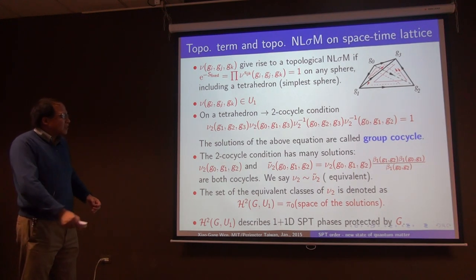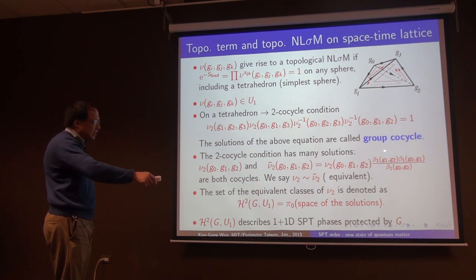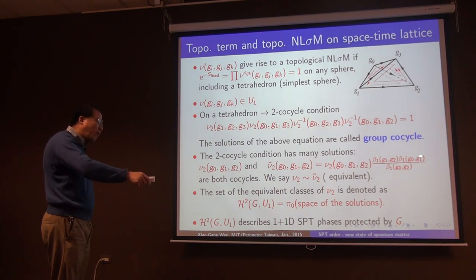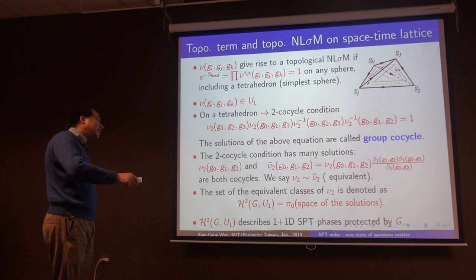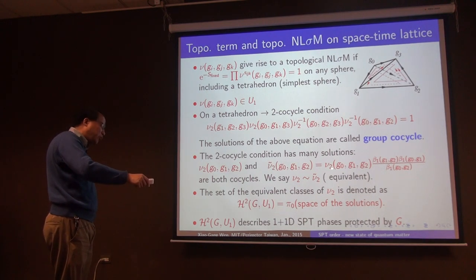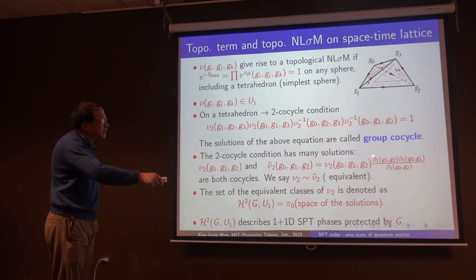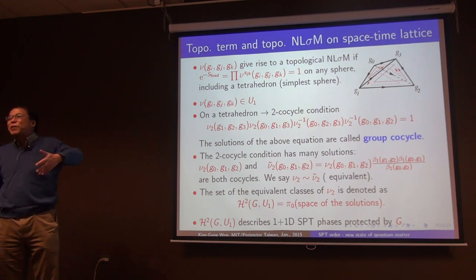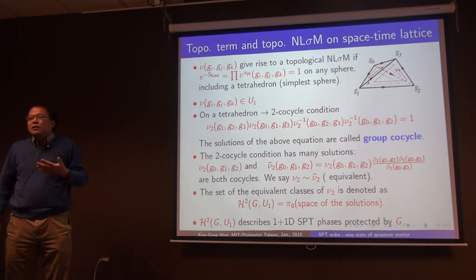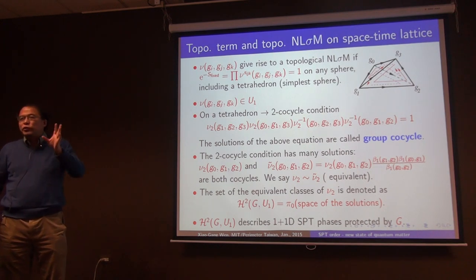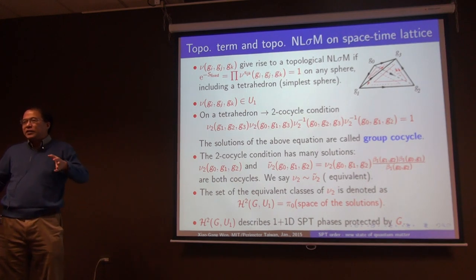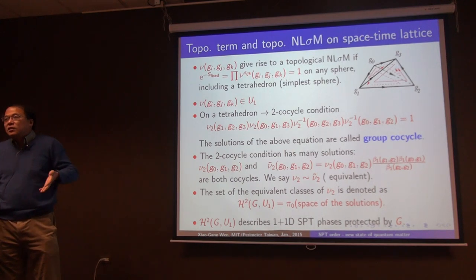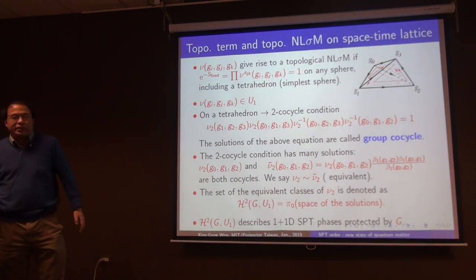Okay, then this particular combination is called a coboundary. And then we say these two, mu tilde 2 and mu2, differ by this phase, differ by a coboundary. We say the two cocycles differ by a coboundary that are connected. So therefore, we should view two cocycles differing by a coboundary as equivalent. And so we should quotient out the coboundary.